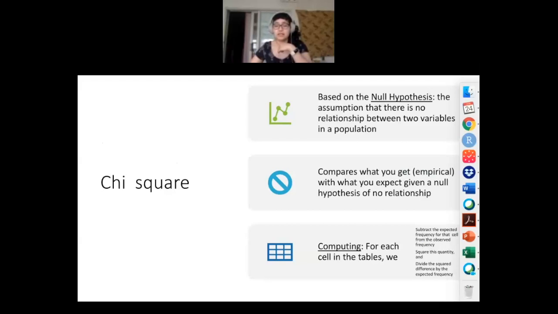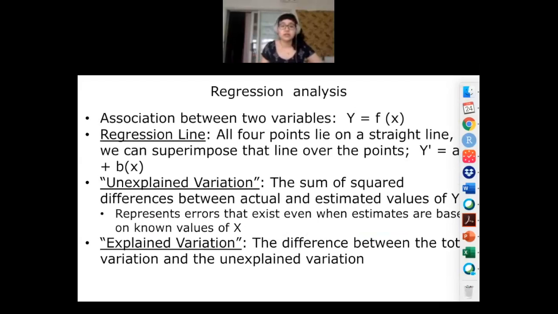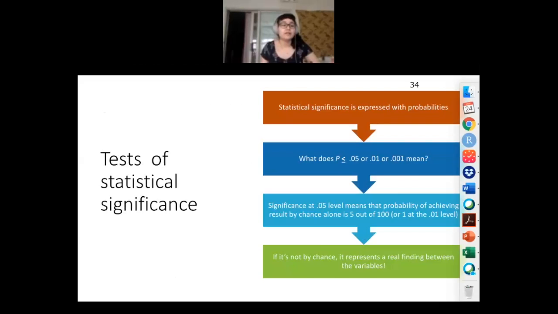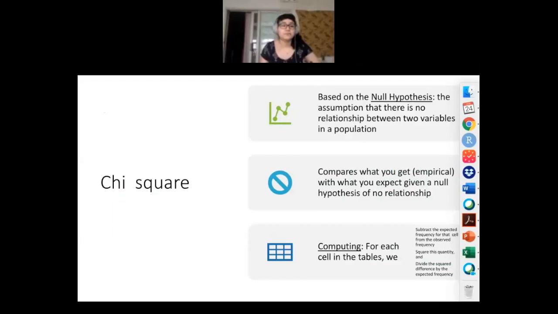And it's a type of statistical test. It's different from what I showed you earlier, the measures of association, but it's also similar in some ways, but it's bivariate in nature.